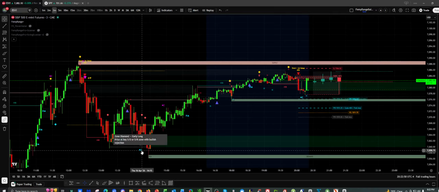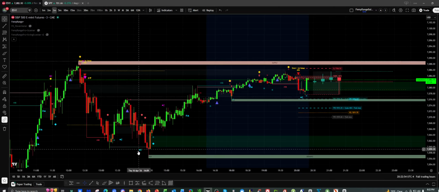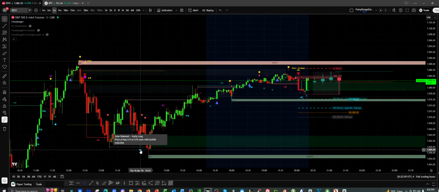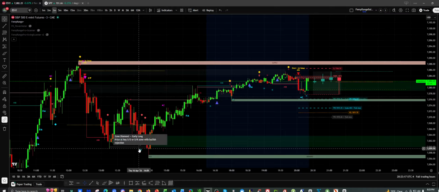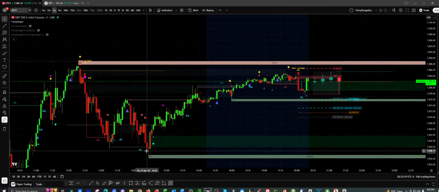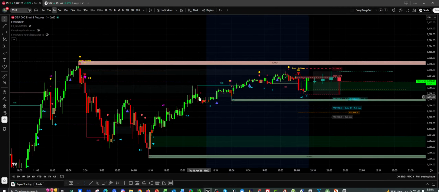So we consolidated them, and when we see five or more consolidated, we use the Z to represent those areas. So when you put your mouse over it, it says zone diamond, early long, price at key support and resistance, or supply and demand with bullish rejection. So it's telling you that right at this point, so right here would have been an entry to the upside.